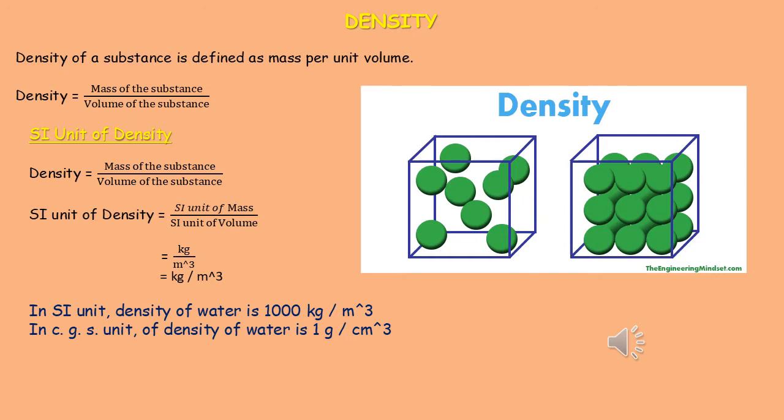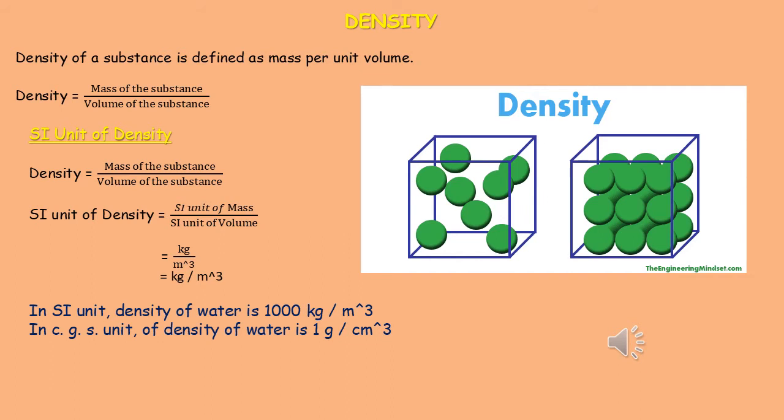So we can write it as a formula: density is equal to the mass of the substance divided by the volume of the same substance. The SI unit of density is the SI unit of mass divided by the SI unit of volume. The SI unit of mass is kg and the SI unit of volume is meter cube. So the SI unit of density is kg per meter cube.